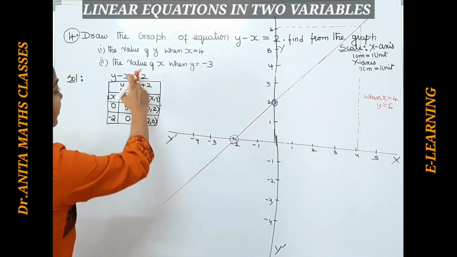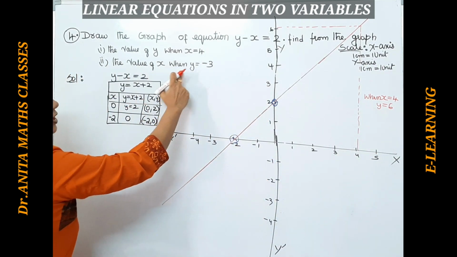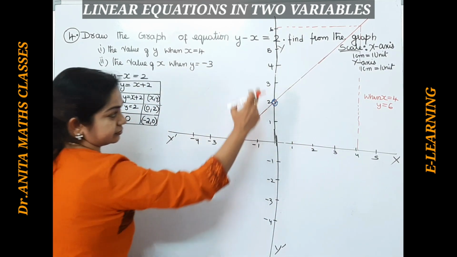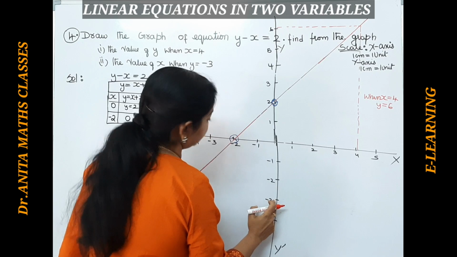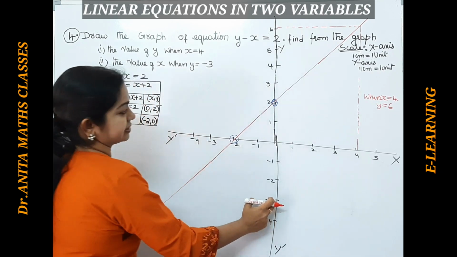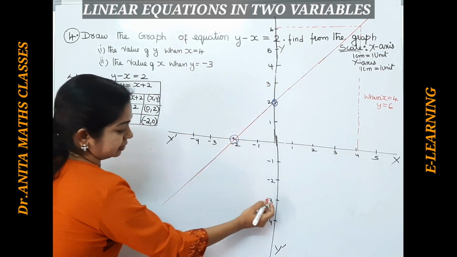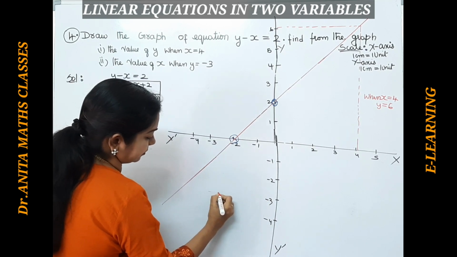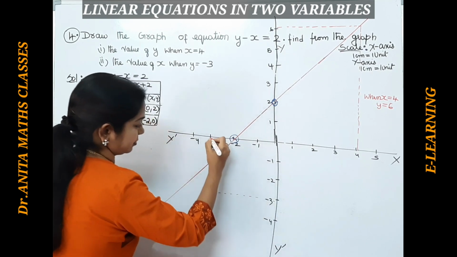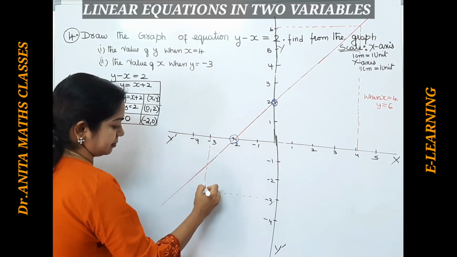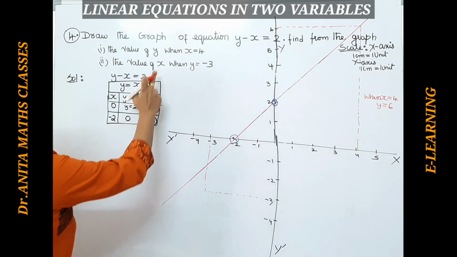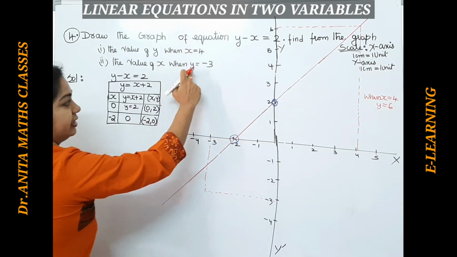The second one: the value of x when y is equal to minus 3. Let me take y is equal to minus 3, the value of x here. So just extend here. You will get minus 3 here.